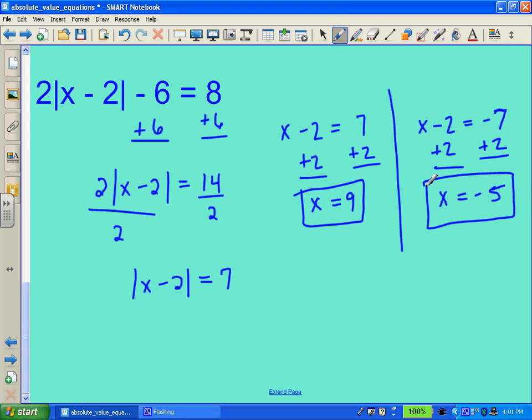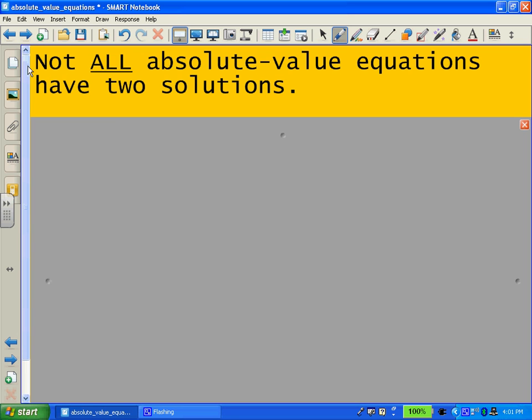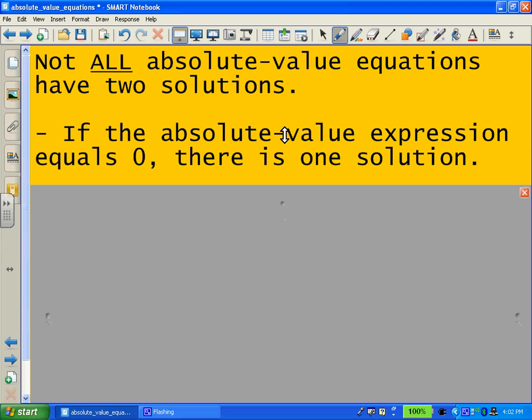Okay? So most absolute value equations have two solutions to them. Because of the fact that we have to consider two cases. Now, as soon as I say that, I'm going to say this. Not every absolute value equation has two solutions. There are a couple special cases that you need to be aware of.